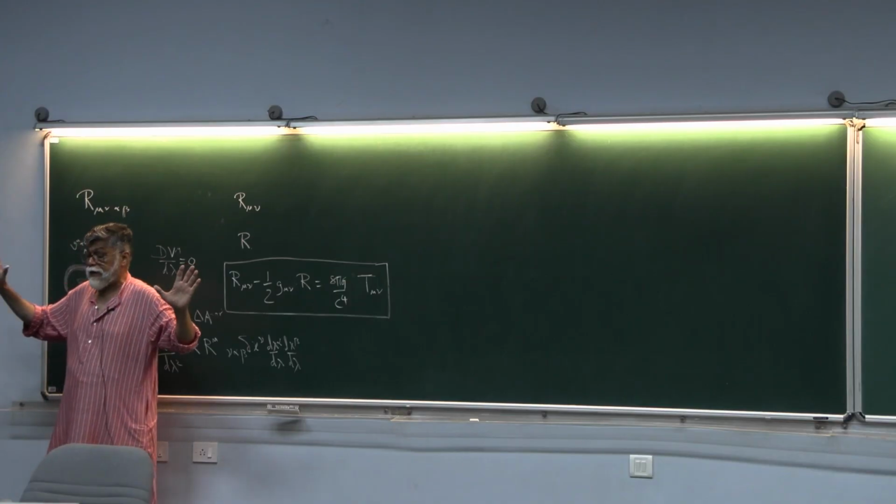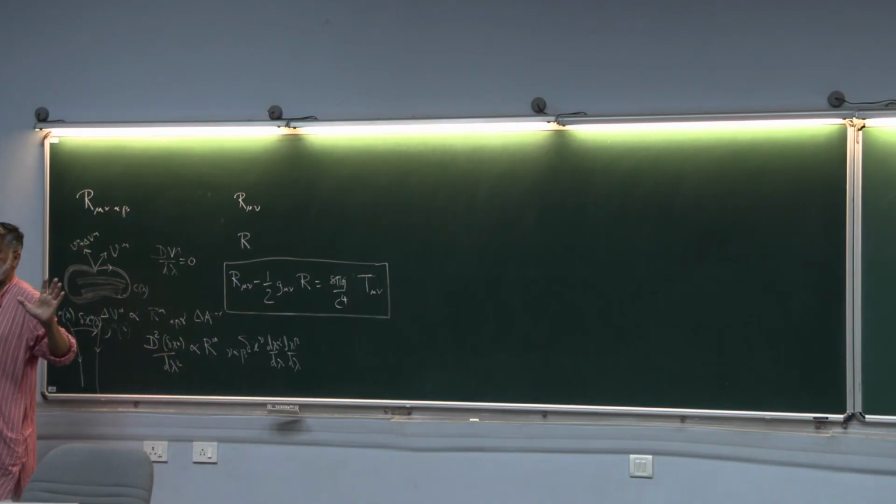R mu nu is the Ricci tensor, g mu nu is the metric tensor, R is the Ricci scalar.